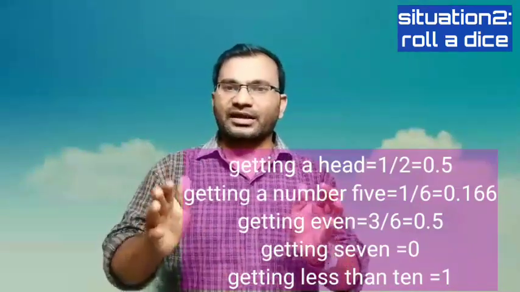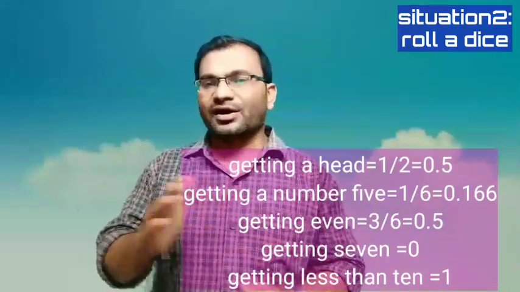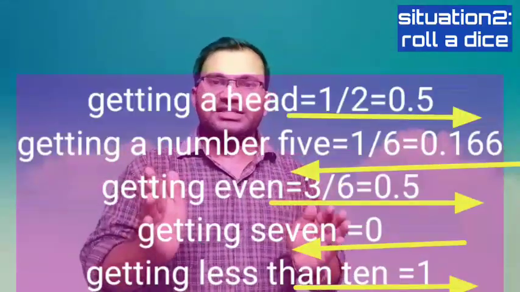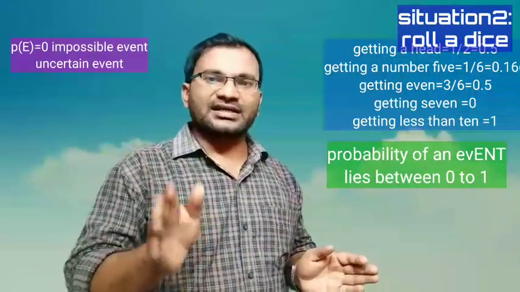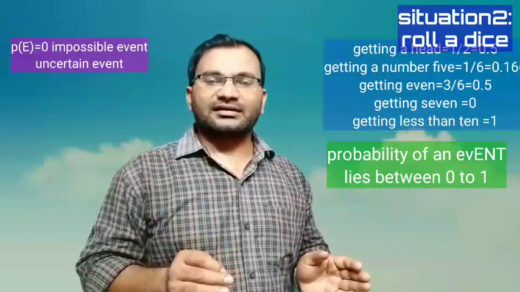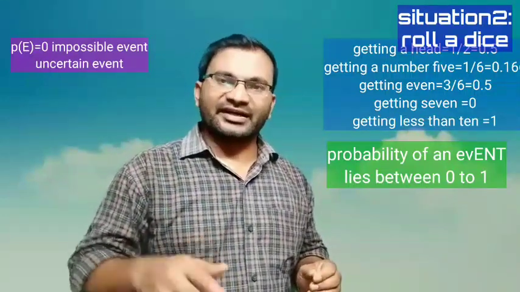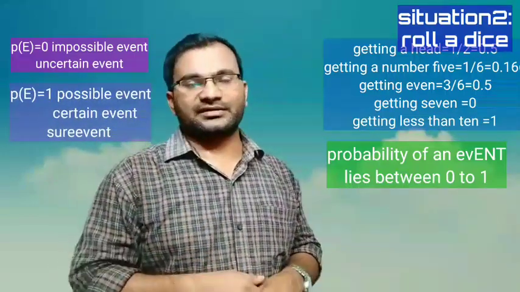So, when you observe all these numbers, the probability of an event lies between 0 and 1. When the probability of an event is 0, it is an impossible event. When it is 1, it is a sure event or certain event.